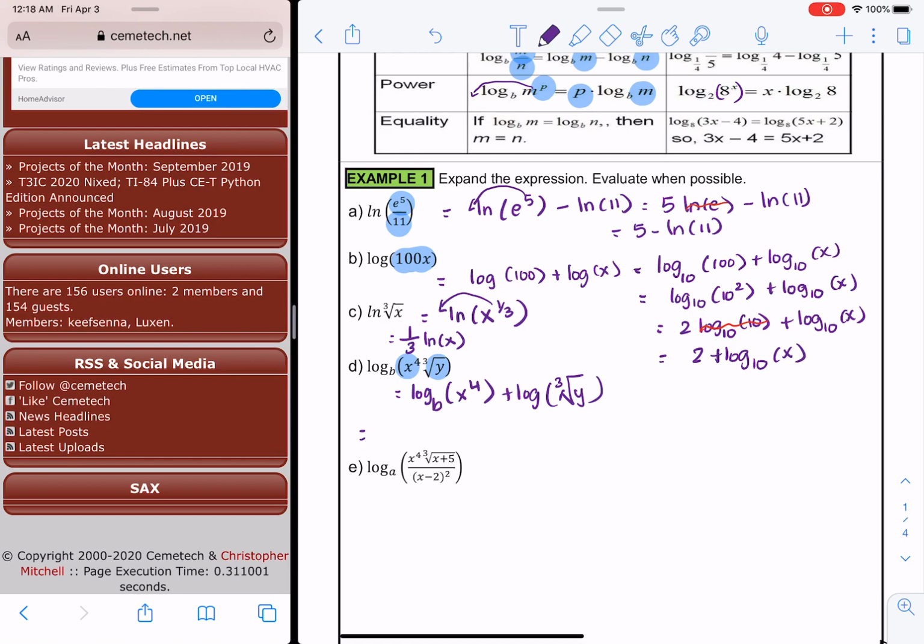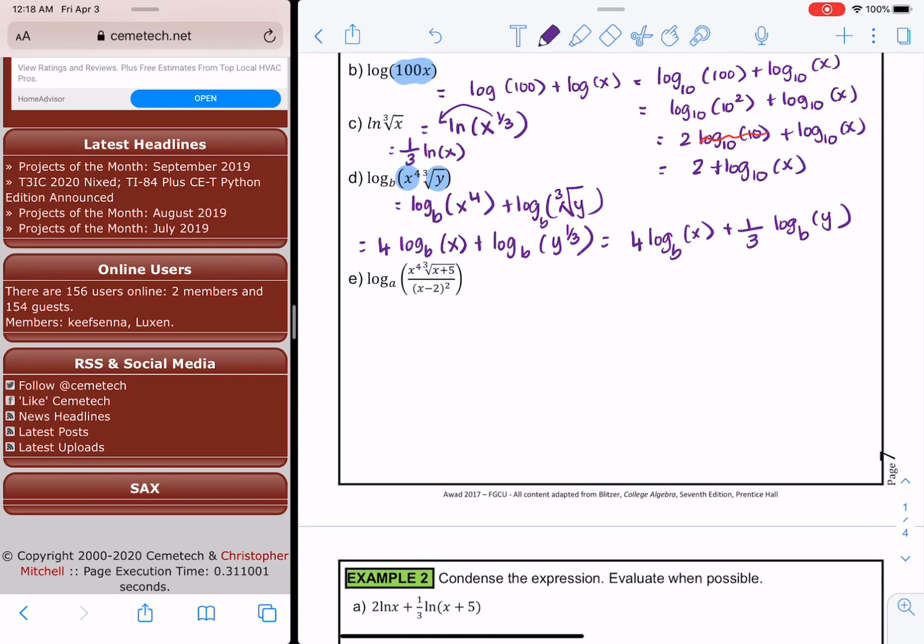And the 4 can move to the front, so 4 log base b of x. And I could rewrite the third root as y raised to 1 over 3. So what we have is 4 log base b of x plus 1 over 3 log base b of y.